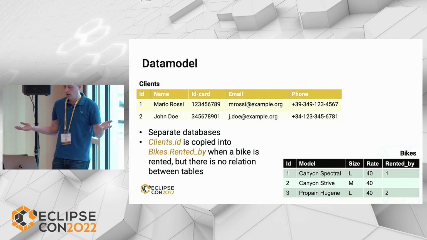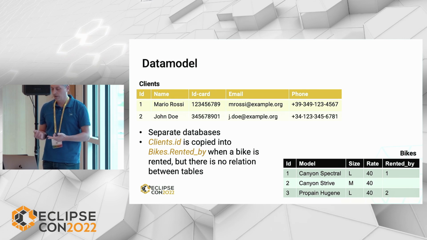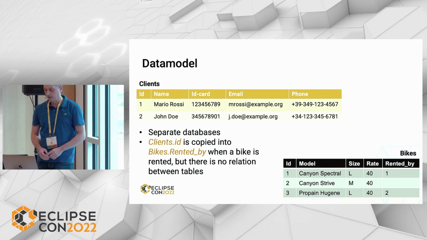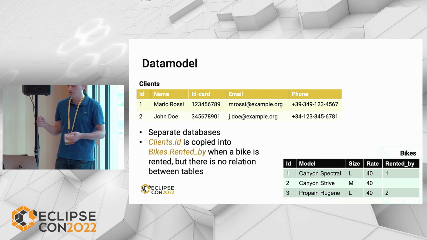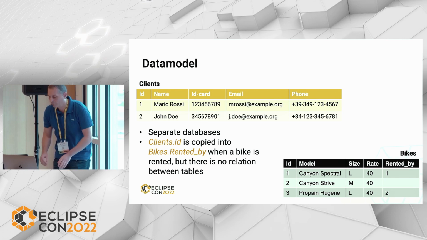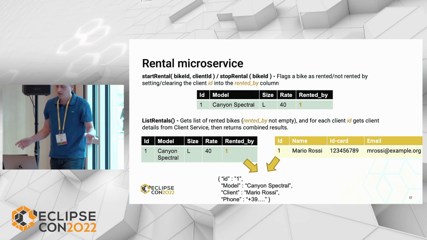And the data model is very simple for both of the microservices. Here you can see that there is just a table with the clients, with the name, identity card, email, and so on. And for the bike service, we have just a model, a size, a rate, and whether the bike is rented, the ID of the client that rented the bike. And the rental microservice, as I said, is just a bridge.